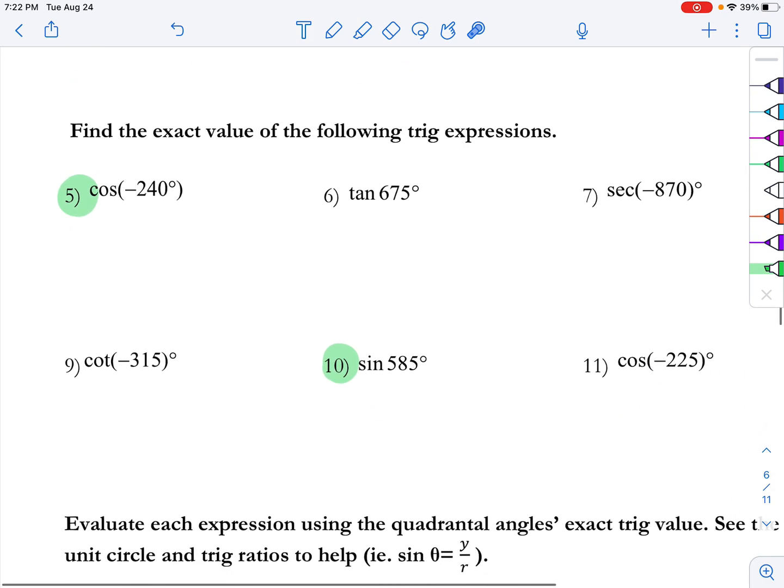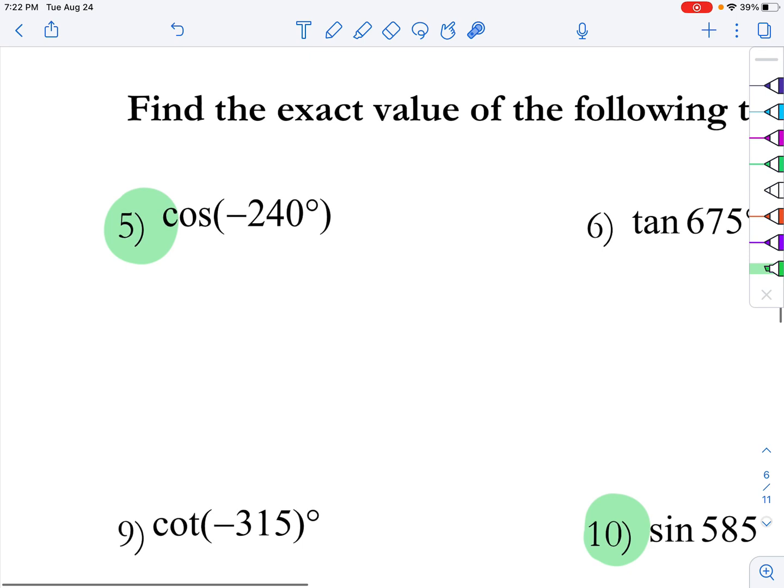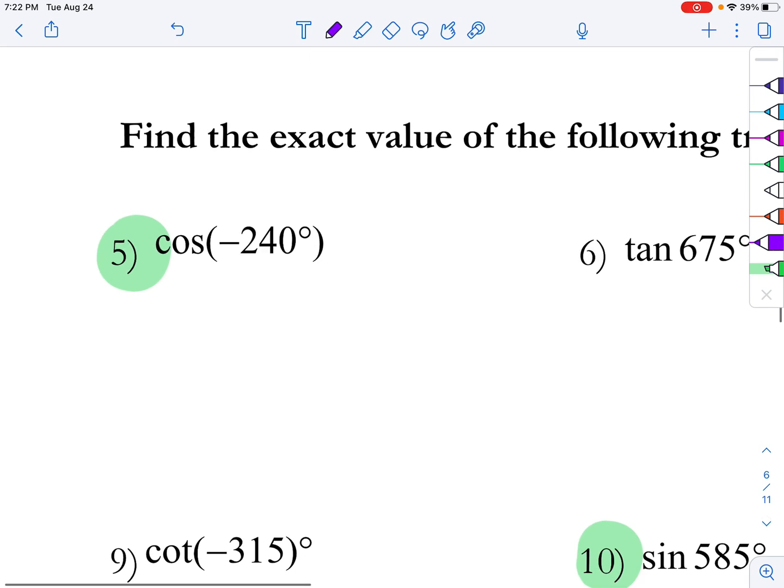So the next section, you see they bring up the trig functions, but all of a sudden the angles aren't the ones that we're super familiar with. So in these cases, we're going to use the coterminal angles. So this is negative. We'll add 360 and get 120. Negative 240 and 120 degrees land at the same spot in our unit circle.